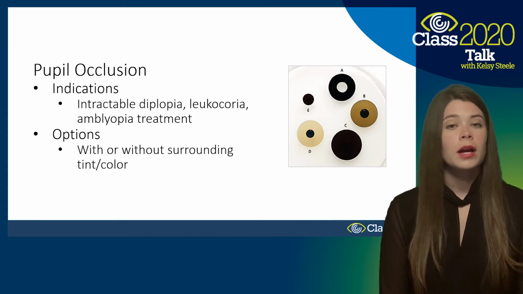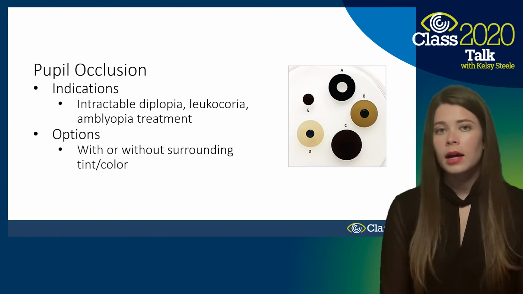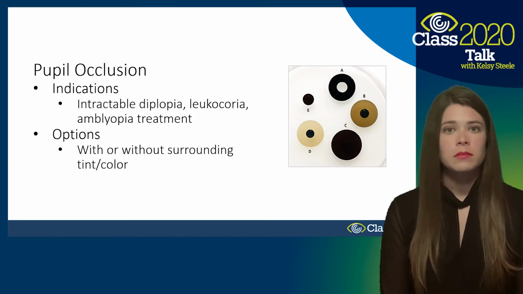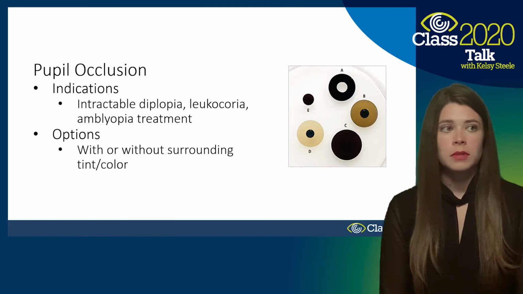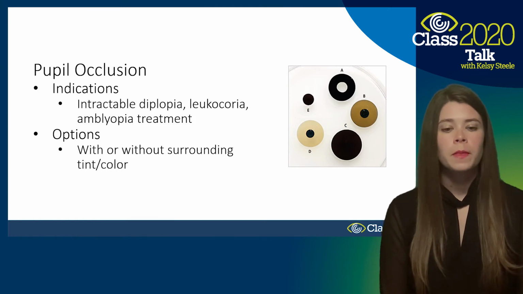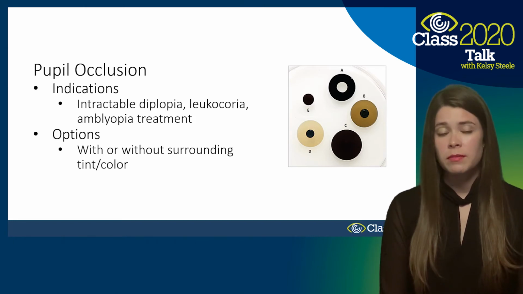Patients that have intractable double vision, so diplopia that just does not go away. Patients that have leukocoria, so maybe they have something in the back part of their eye, like a scar or some tumor or surgical procedure, where the pupil is always white and they're self-conscious about that, maybe just in photos or in person. Also, not used super commonly, but amblyopia treatment as well.